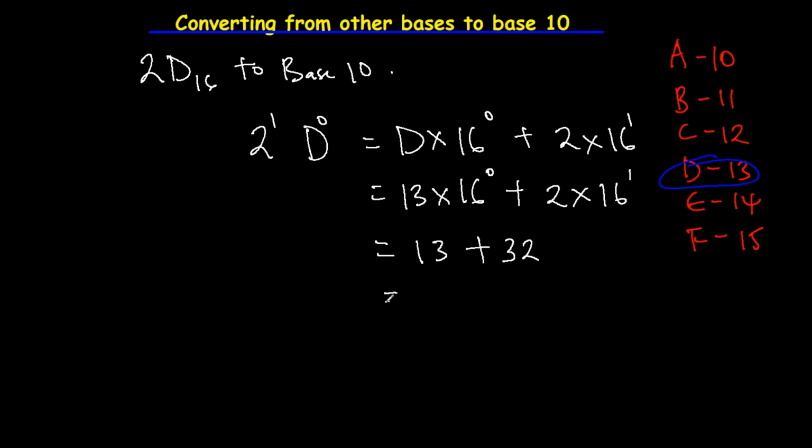So our answer is 13 plus 32, which is equal to 45. So therefore, 2D in base 16 is equivalent to the number 45.